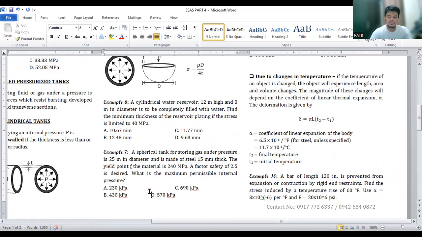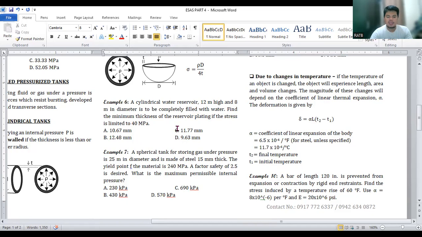Okay, so example number 6. You have the cylindrical water reservoir, 12 meters high and 8 meters in diameter. This is to be completely filled with water. So find the minimum thickness of the reservoir plating if the stress is limited to 40 megapascal.